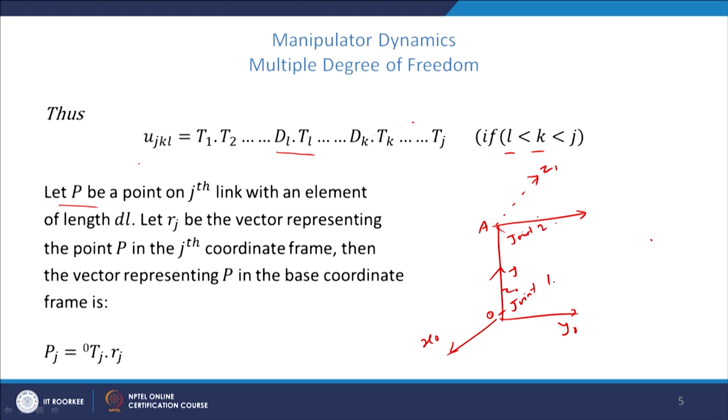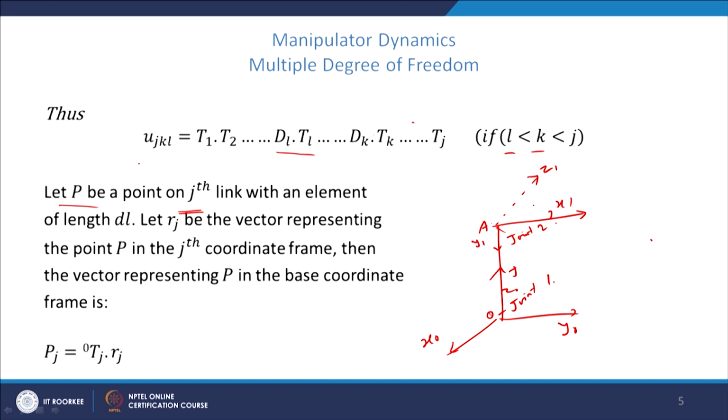So, if I write the joint 1 with respect to the first frame, similarly jth joint with respect to jth frame, it means the link is, for example, here this is the first link and the first coordinate frame is z1, x1, y1, etc. that can be fixed.